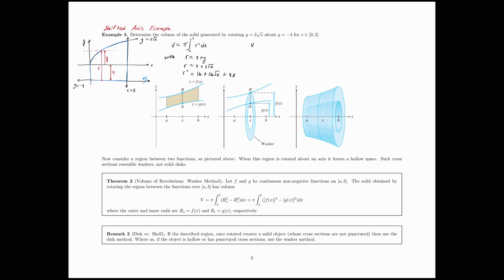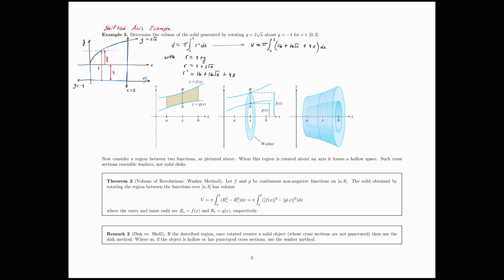So our volume becomes pi times the integral from 0 to 2 of 16 plus 16 square roots of x plus 4x dx.